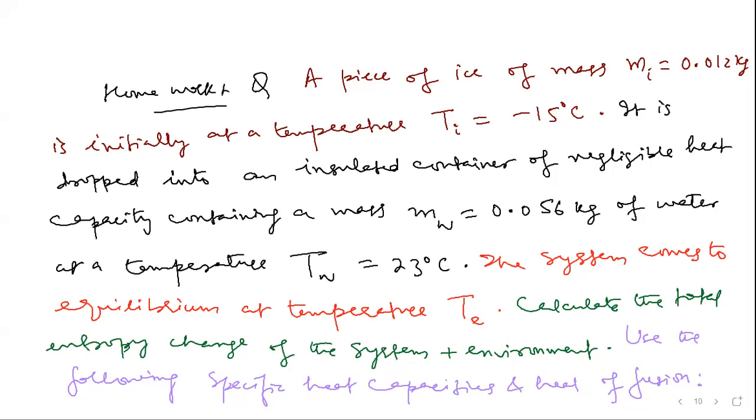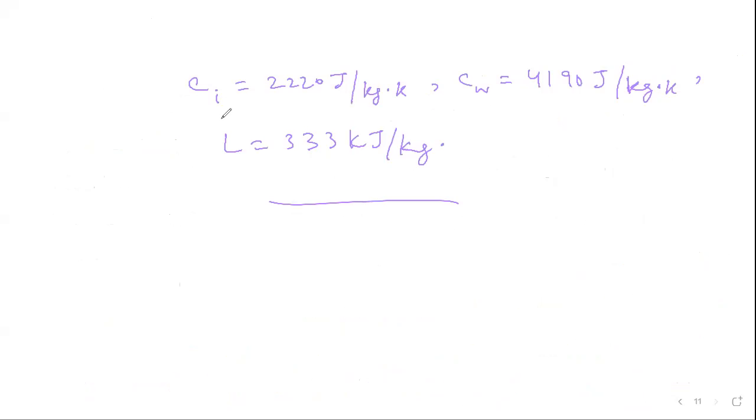You are given Ci equal to 2220 joule per kg Kelvin, that is specific heat of ice.